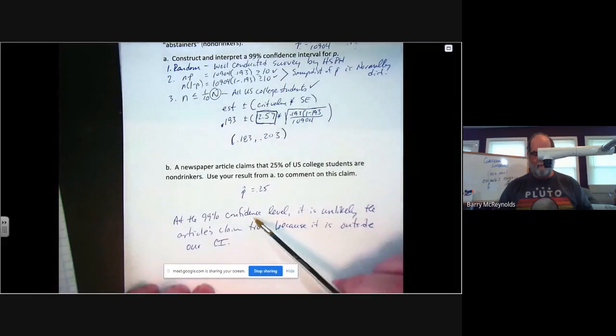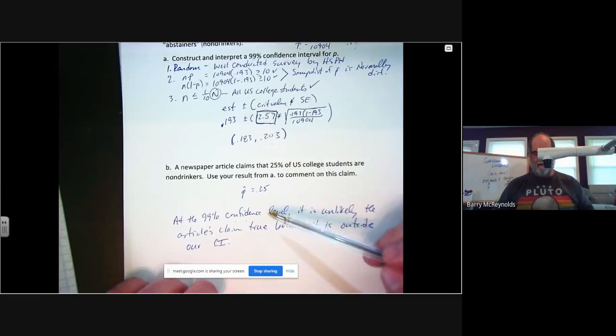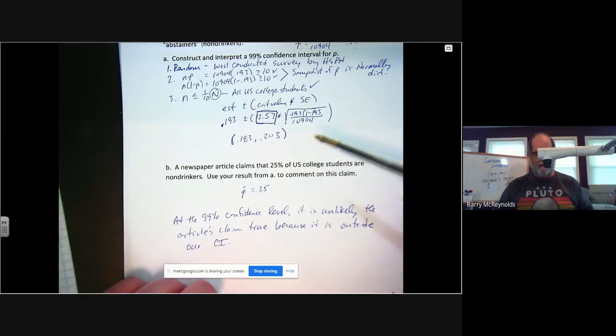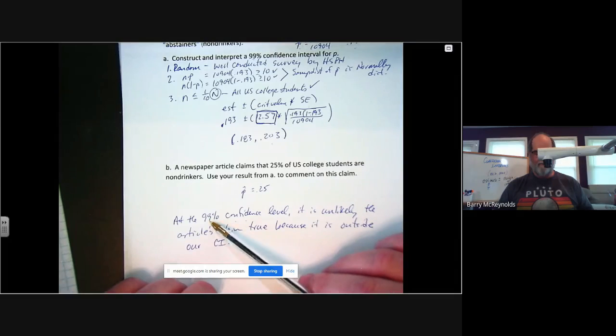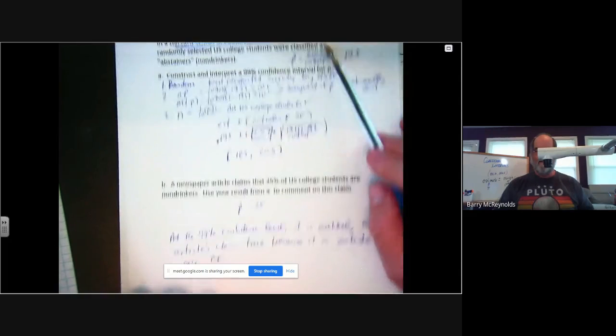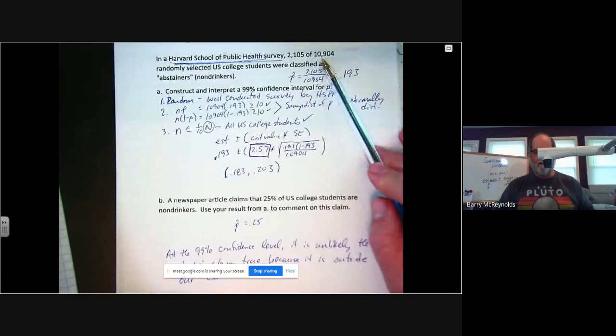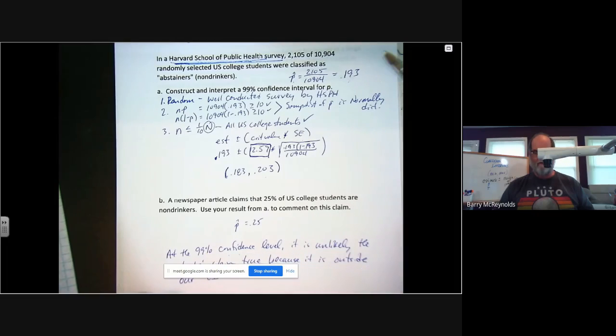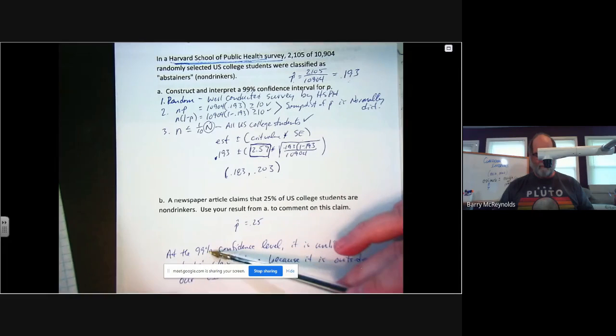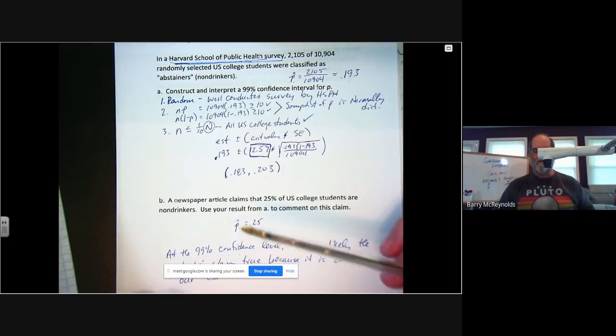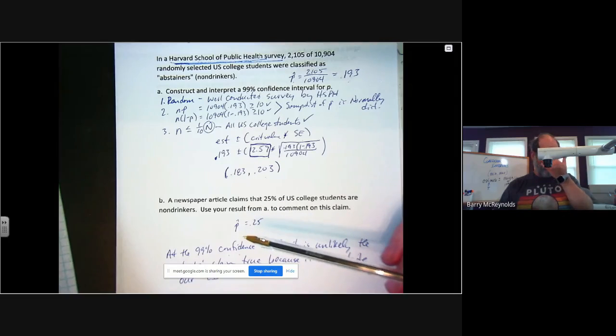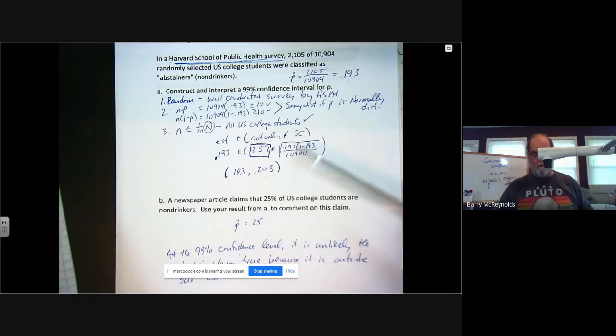So what do I mean? Remember, a confidence level says that if I were to take this sample over and over and over again, I would expect 95% of the samples that I take of sample size 10,904, essentially using the same method, 99% of those intervals will contain the true population value.